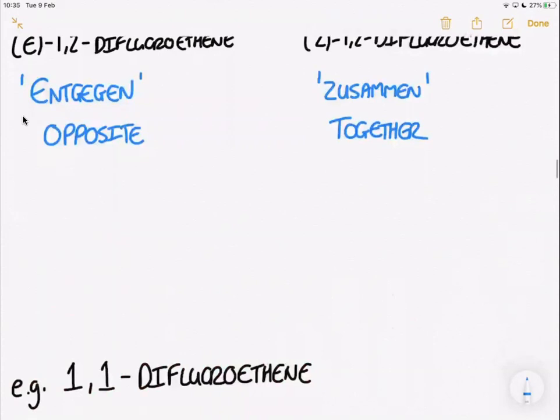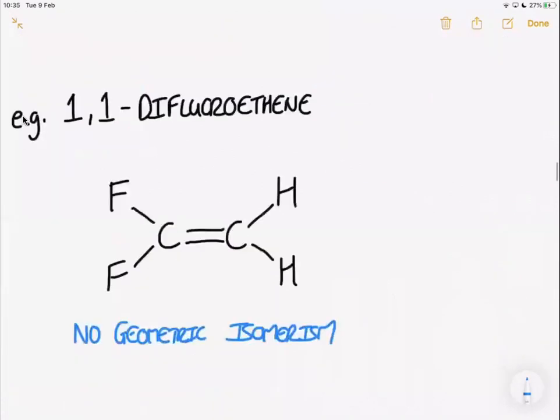So the reason that we're looking at this is to hammer home the idea that not every single alkene exhibits geometric isomerism, okay?